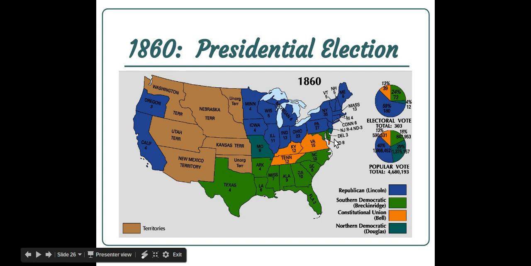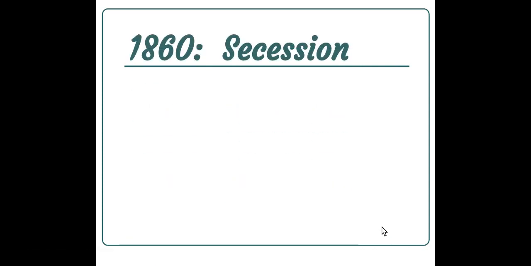So we can see the split now in the United States. And then Stephen Douglas is only going to carry one state, Missouri. In the popular vote, Lincoln gets about 40%, but he does garner 59% of the Electoral College vote. And then the brown is represented by the different territories we have.